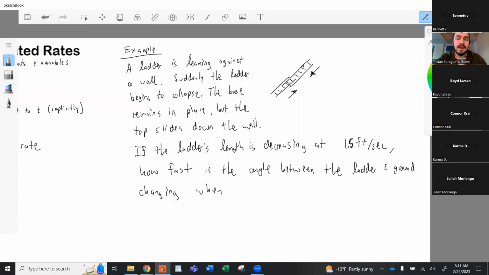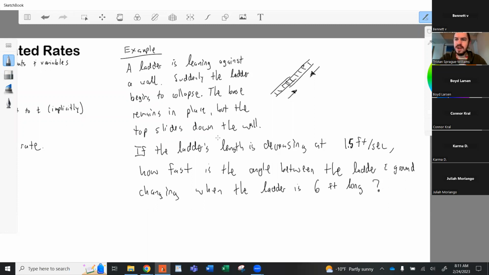Maybe when the ladder is 6 feet long. Okay.